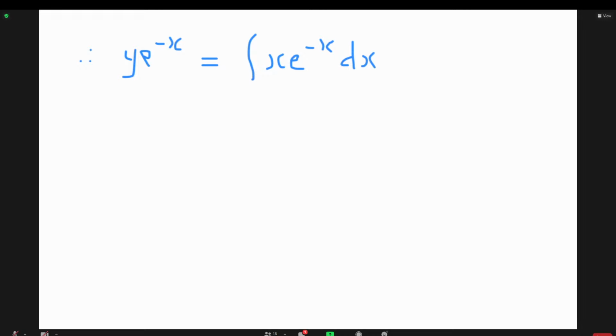You can do that. Which basically is going to work out to be u v minus the integral of v du.